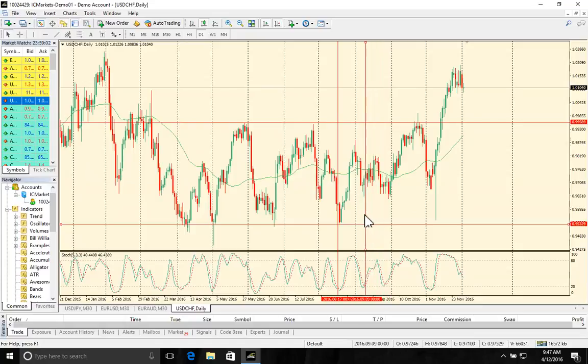So in the daily chart, you got two entries. One is right up here, and then you ride all the way back. And when it's turned down, so this is your exit.